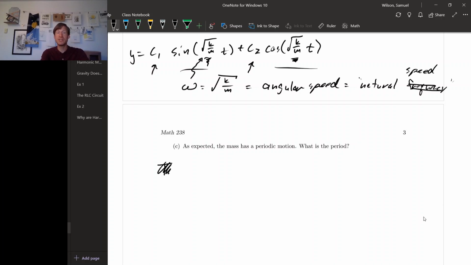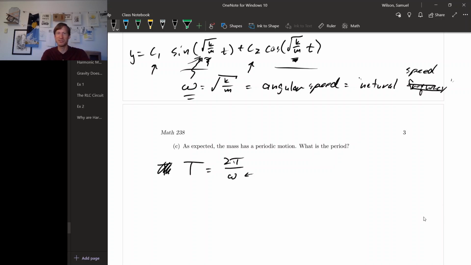So the relationship between this angular speed omega and the period of this oscillation is that the period is 2 pi over omega. You can see that this makes sense because if omega is 1, then we're just dealing with bare sine and cosine, and the period is indeed 2 pi. A larger angular speed means this will take less time to go through one oscillation, and indeed, if you make omega in this fraction larger, it makes the whole fraction smaller.